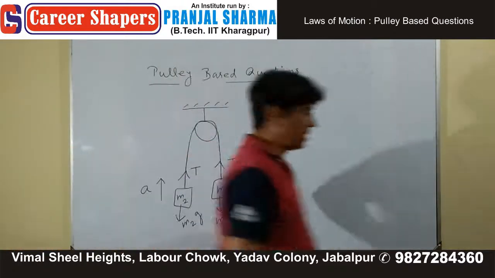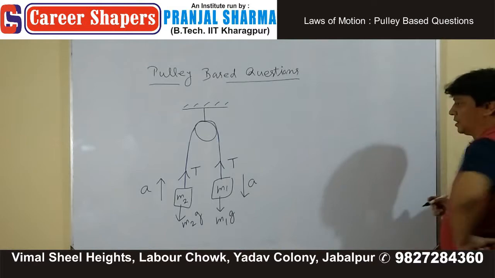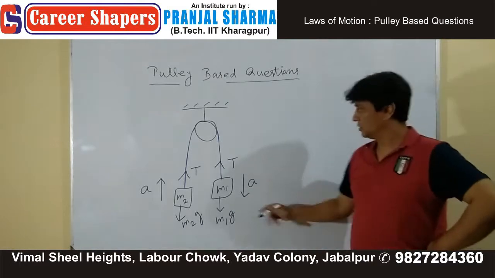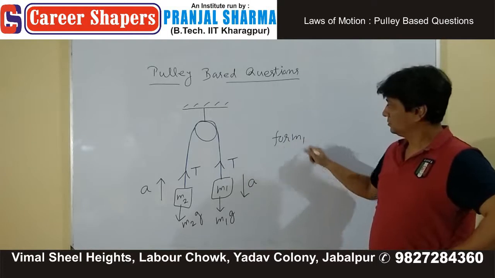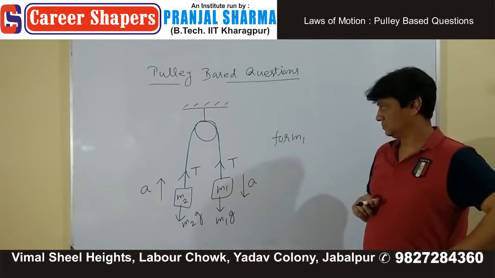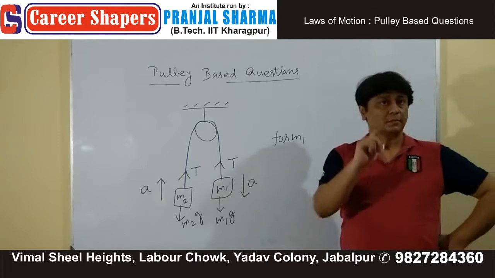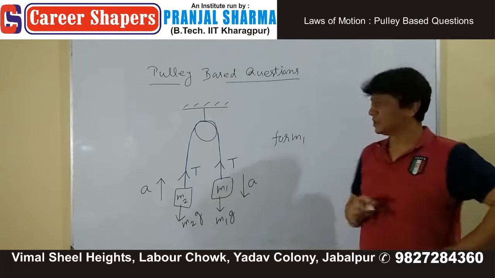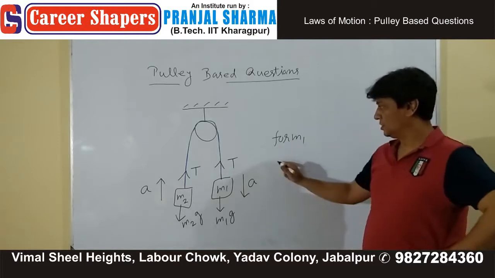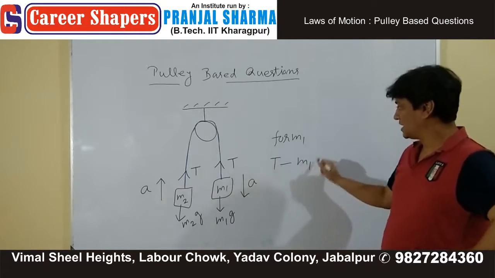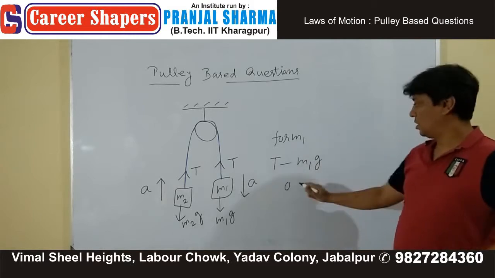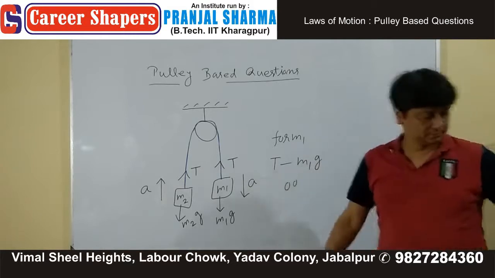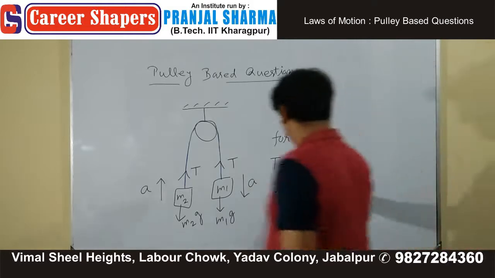This is about free body diagrams. Now, for M1, mention this in the comment box. For M1, should I write T minus M1G or M1G minus T?